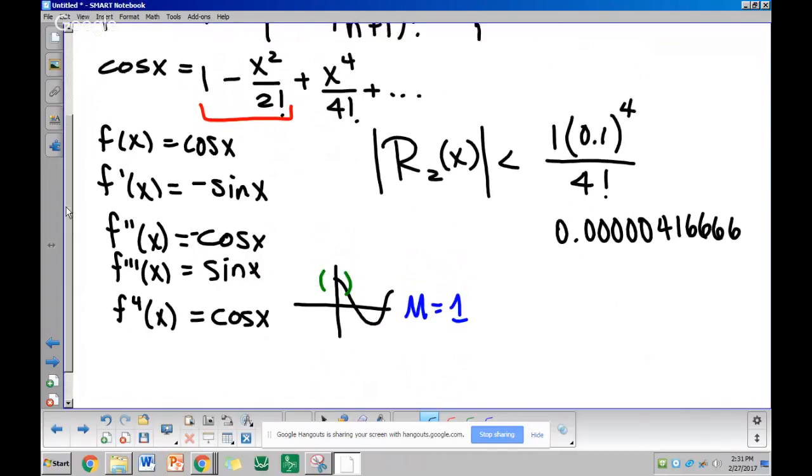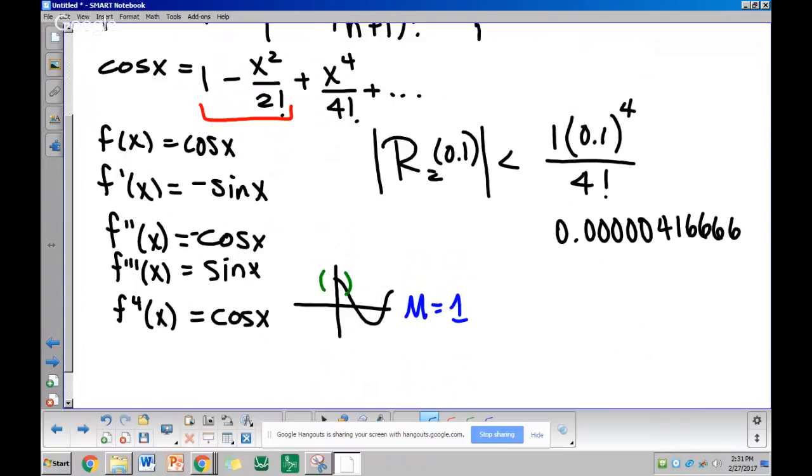And then I take the x, where I want the approximation, and raise it to the fourth. And actually, this should be 0.1, shouldn't it? And then we use Lagrange's formula there to find the bound of the error.